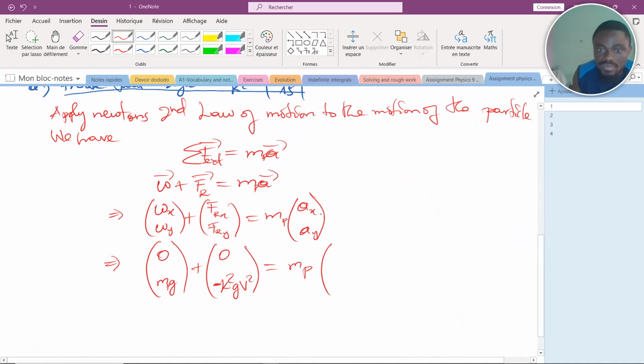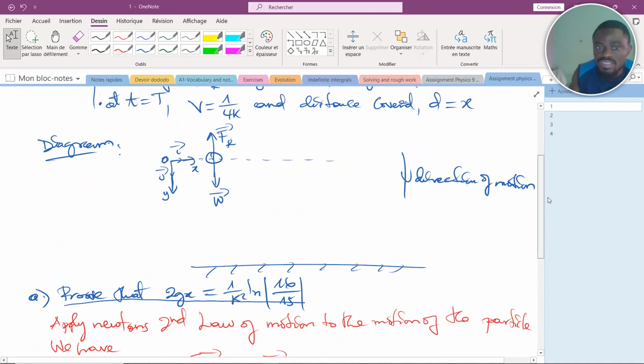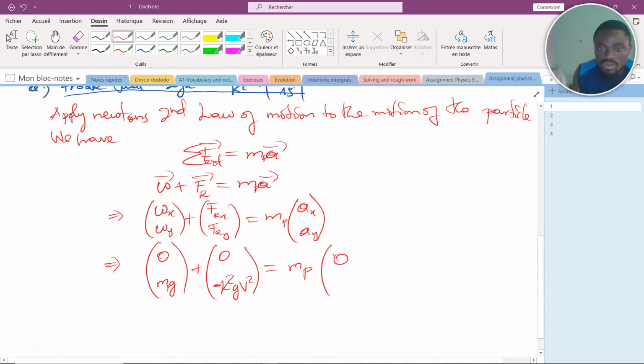So the acceleration in the X direction is 0, and since the motion is only in the Y direction, the Y component becomes a.